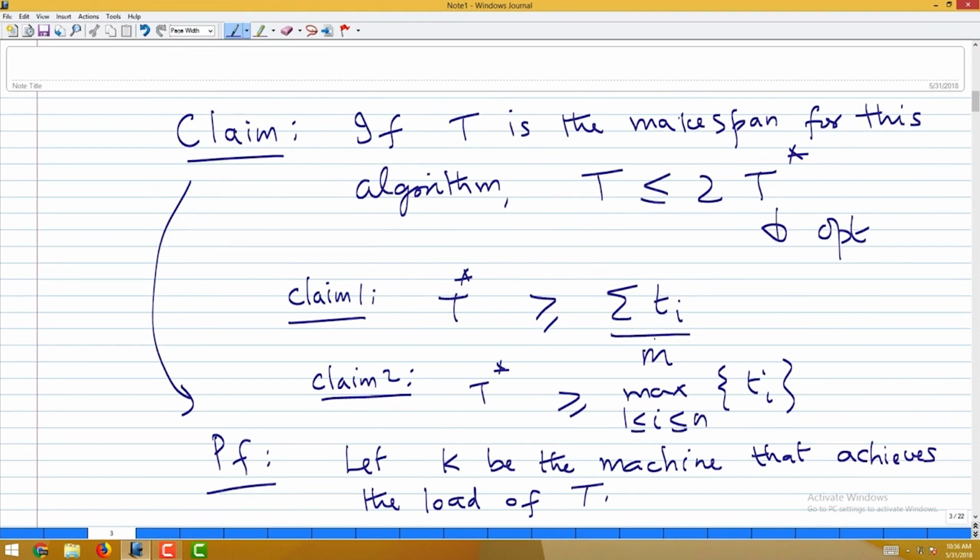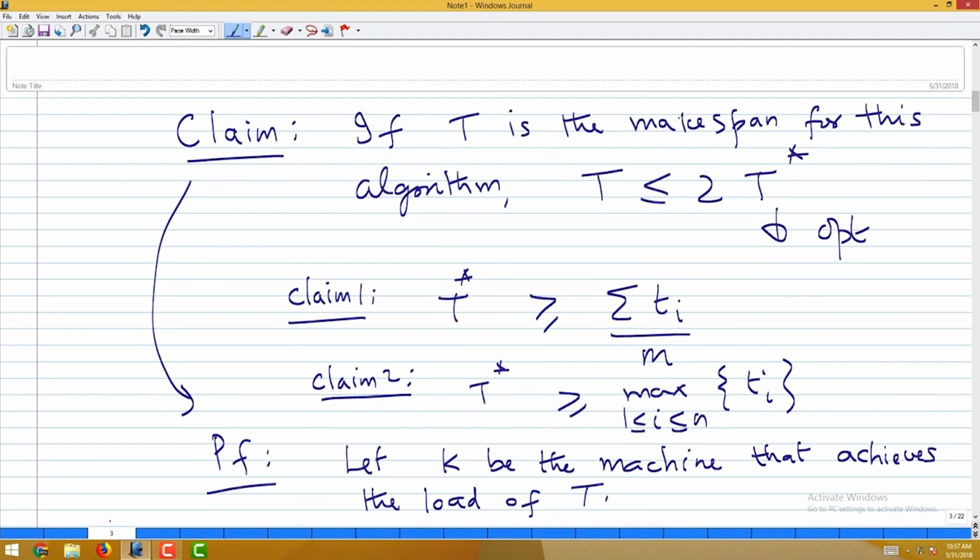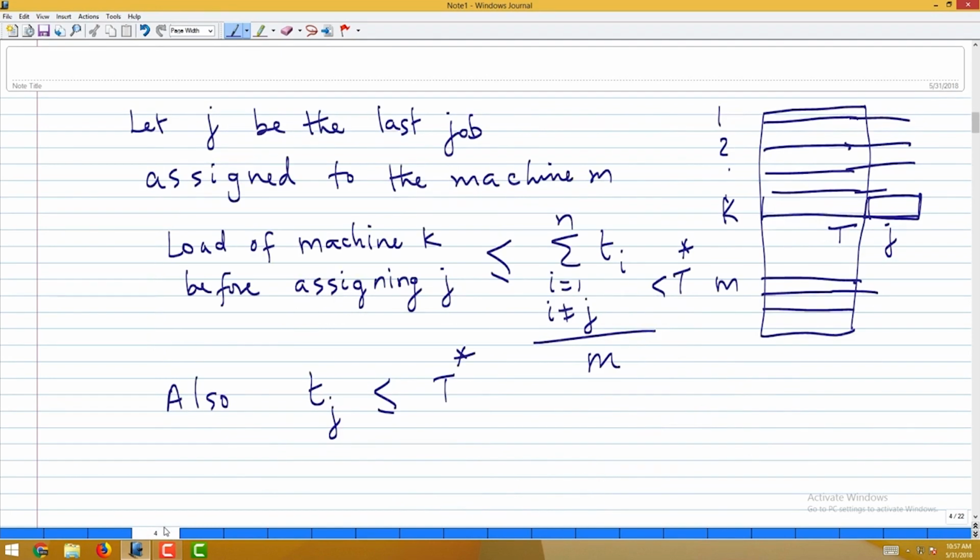But summation T_i by m, we argued, is less than or equal to the optimum. So, this quantity is strictly less than T star, because it is even missing the job j. Also, what do we know? T_j is less than or equal to T star, because of our second lower bound: T star is at least the max of the T_i's, so in particular it is at least this particular T_j.